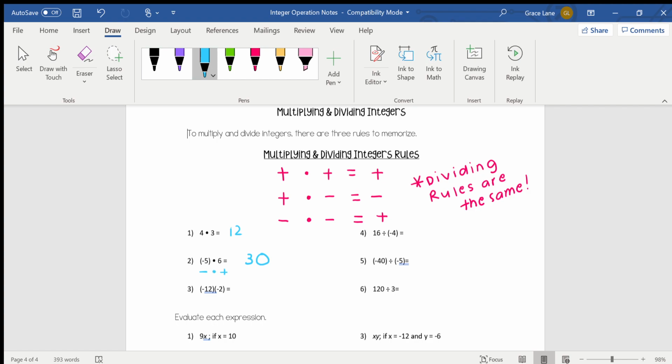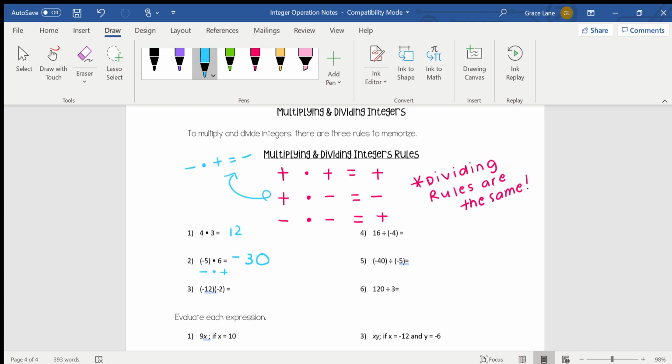So there are two different signs, so you know that this is negative 30. Maybe I should write this for you, that it can also be a negative times a positive. It doesn't matter what order it's written in.